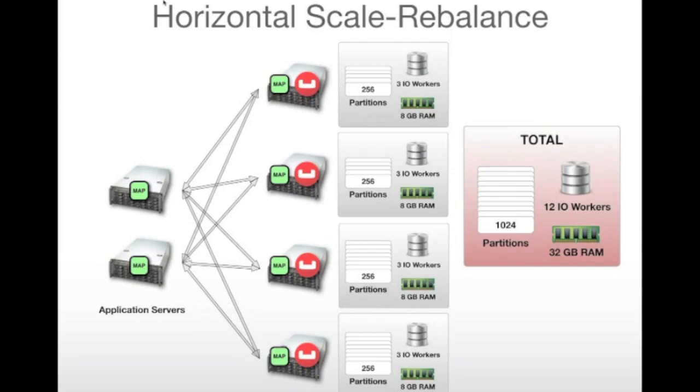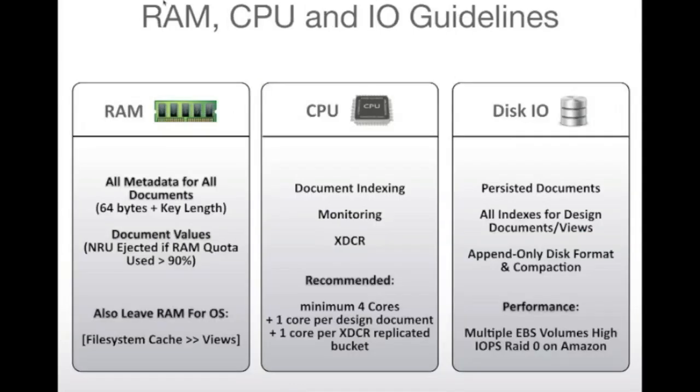And then our cluster map is quite small. There's 1024 entries in that cluster map, and it was a decision made years ago that has worked really well. These 1024 partitions actually work quite well. So this is how we scale horizontally, and I'll give a rebalance demo later in the presentation.